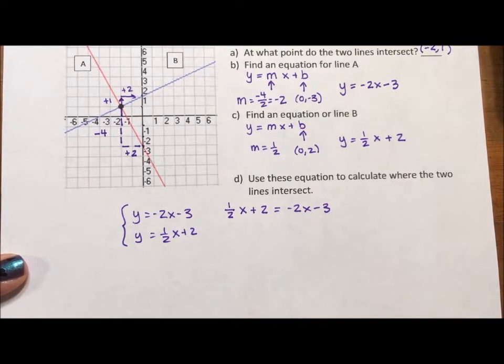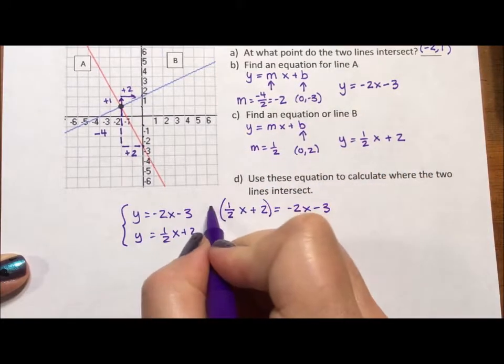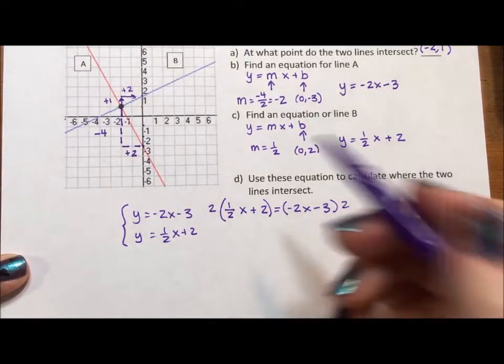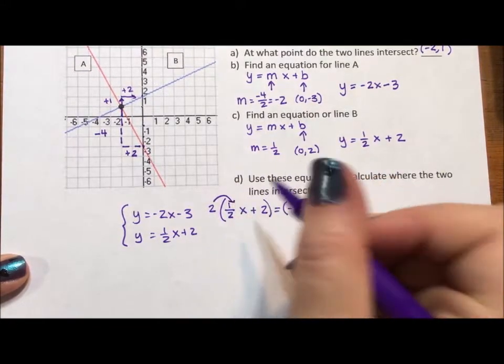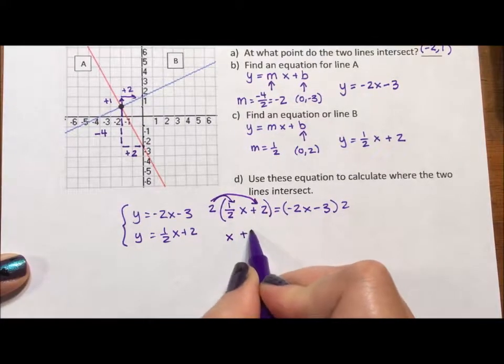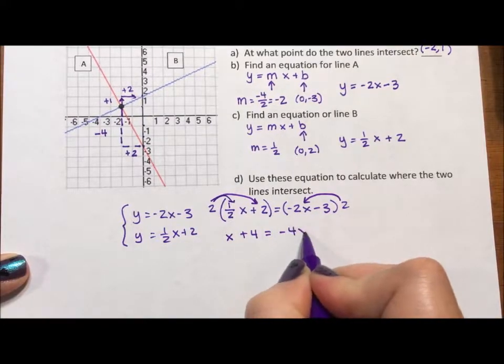All right, so a lot of you, if you've watched my videos, know that I usually clear my fractions. So I'm going to multiply both sides of my equation by 2. You have to do both sides to keep it balanced. 1/2 times 2 is 1. 2 times 2 is 4. -2 times 2 is -4.